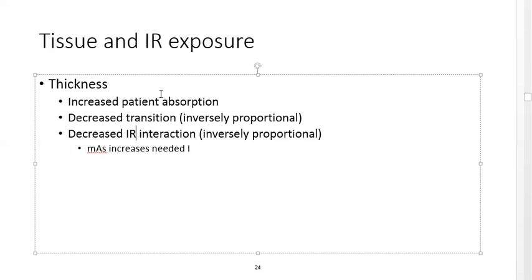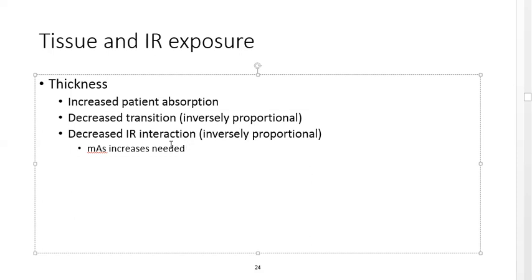So we're going to have a decrease in image receptor interaction. So also inversely proportional. As tissue thickness goes up, image receptor exposure goes down. So an increase in mAs is needed in order to maintain the exposure to the image receptor. Unfortunately, that drives patient dose up as well, but it is what it is. In order to maintain the image receptor exposure, we have to increase something, and that something is mAs.